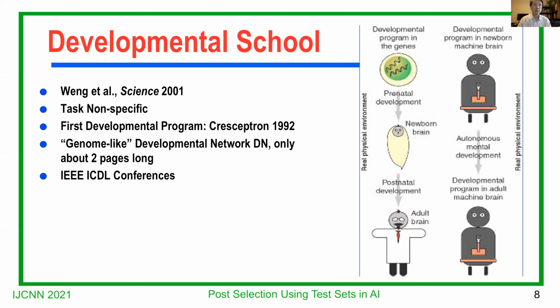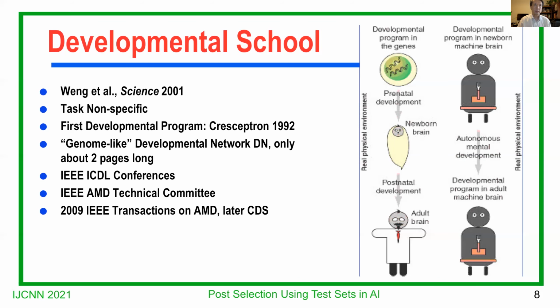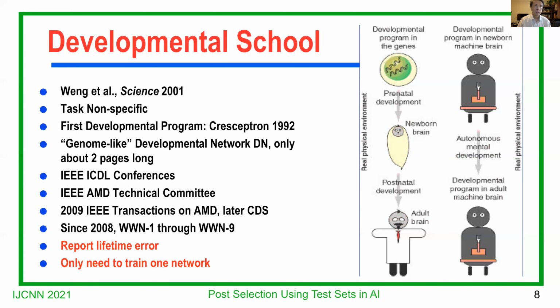Later on, there was the ICDL conference and the IEEE AMD technical committees, and the first Transactions on AMD in 2009. The experimental systems include WWN, Where-What Networks 1 through 9, and the Developmental Network reports lifetime error, which I will talk about later. For each set of tasks, or each life, we only need to train one network.